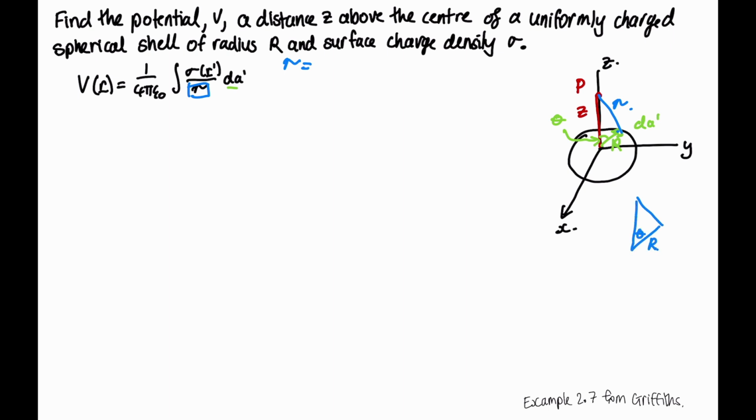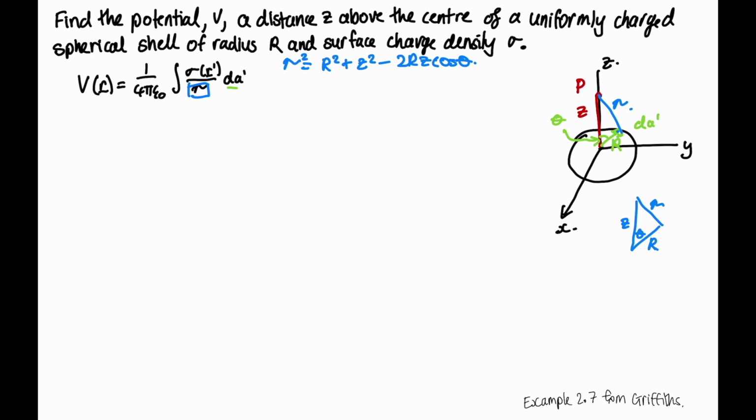We've got that this is r, this is z, and this is our curly r. So our curly r squared is going to be equal to r squared plus z squared minus 2rz cos theta, just from our cosine rule, a squared equals b squared plus c squared minus 2bc cos A.